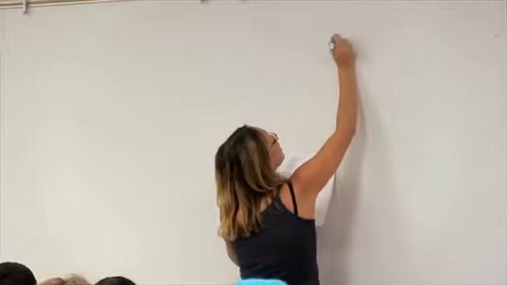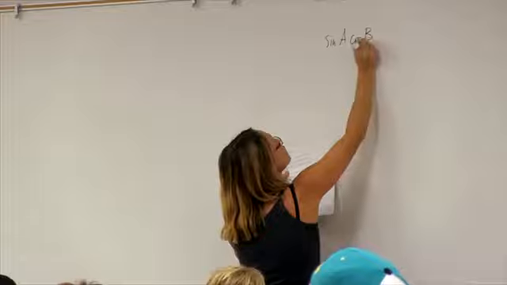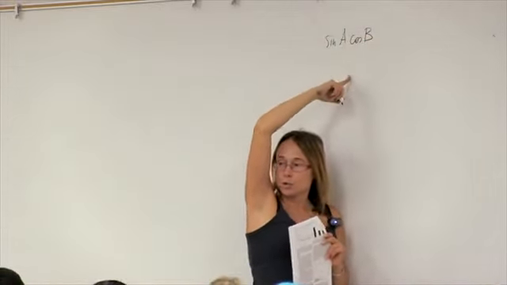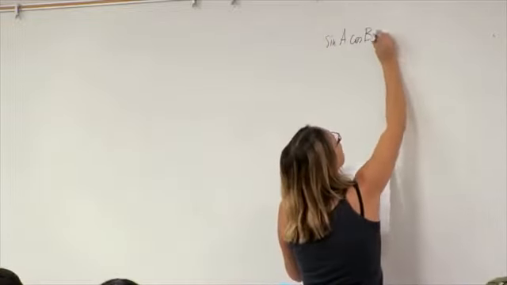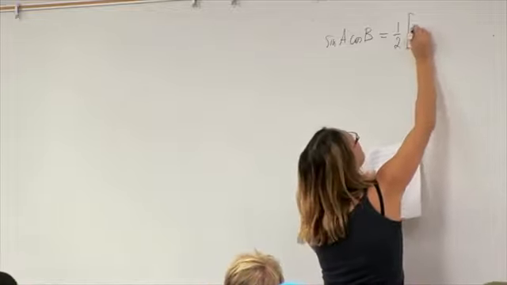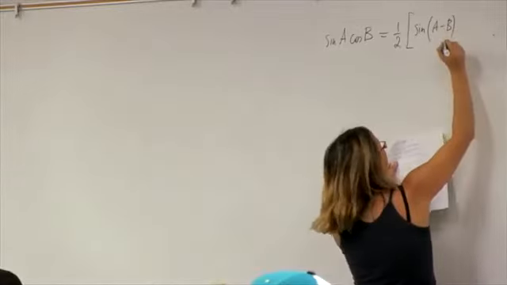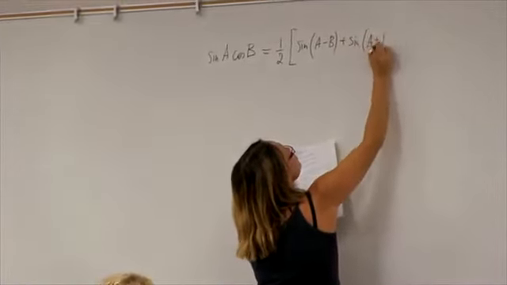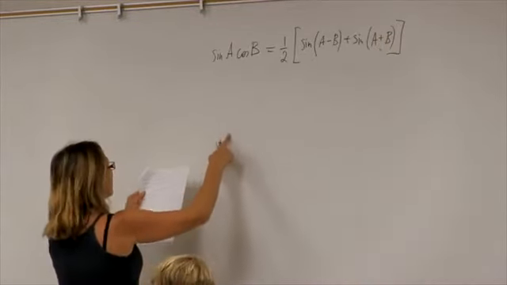So let me write them down. On the left, I'm going to have a product of sine and cosine of different arguments. So product on the left. On the right, I'm going to have a summation, which is a lot easier to integrate. So I have 1/2 sine of a minus b plus sine a plus b. So I'm going to have three of those.